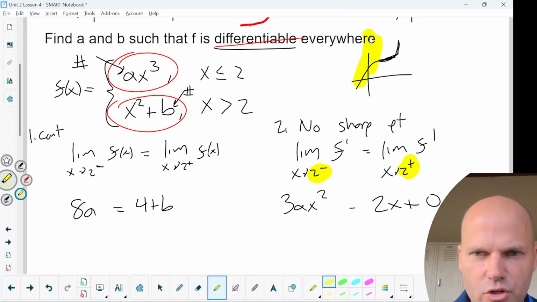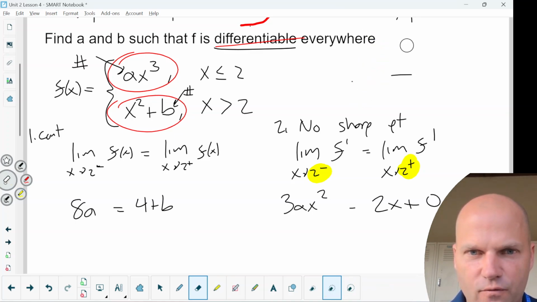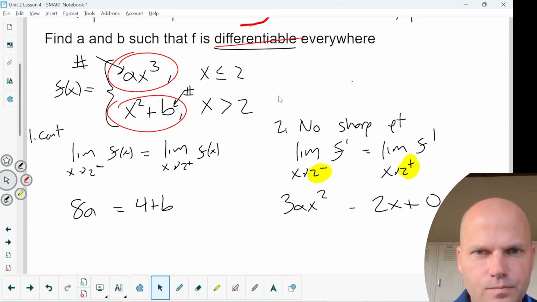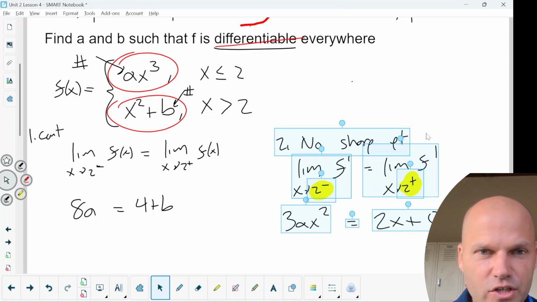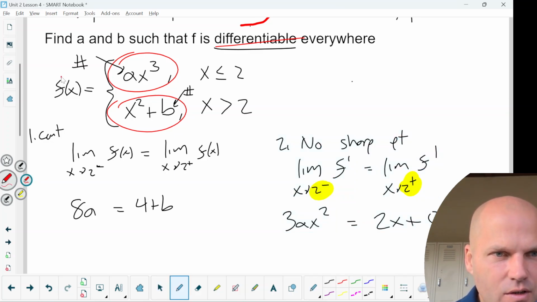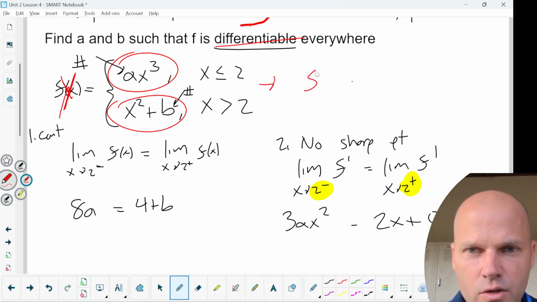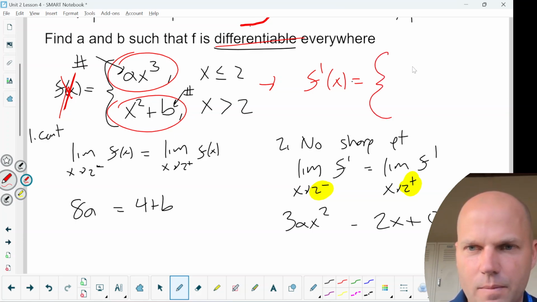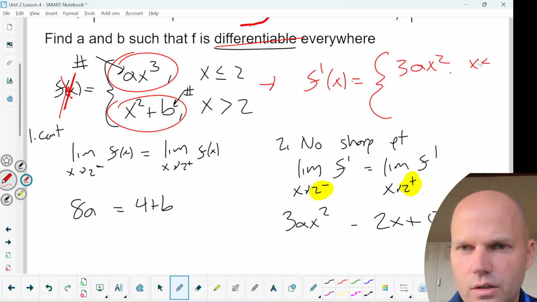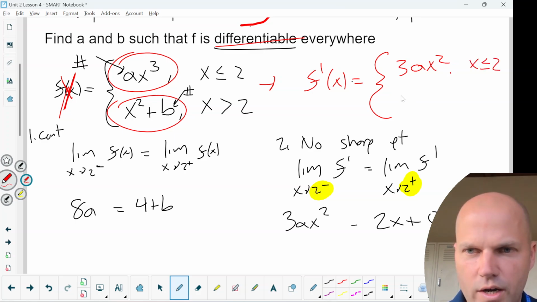What I probably should do, and what I think I did last year, was the following. We have an equation for the y values, but we can also create an equation for the slopes at all x's. And that's kind of what I think I did last year, which I like, creating a slope piecewise.